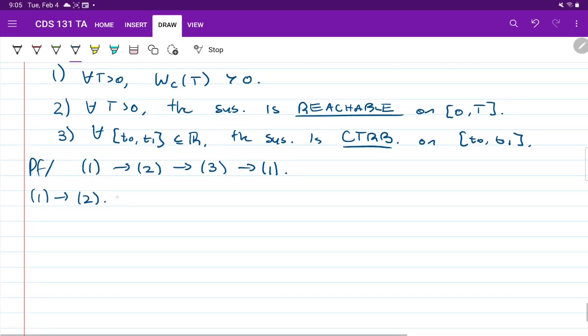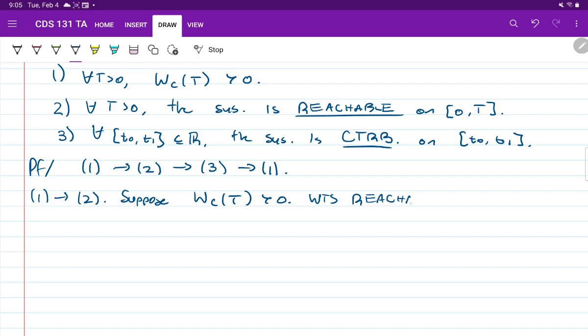Okay, so suppose our controllability Gramian W_C(t) is positive definite. Now what I want to show is that the system is reachable on [0, t] for all t greater than 0.